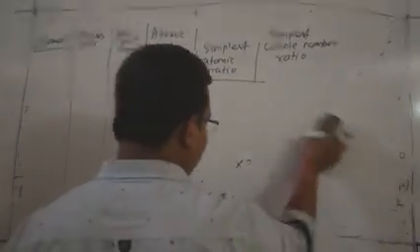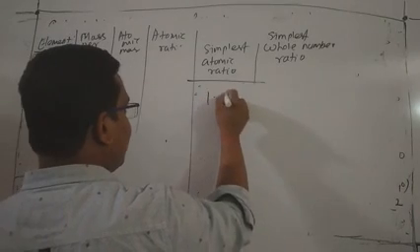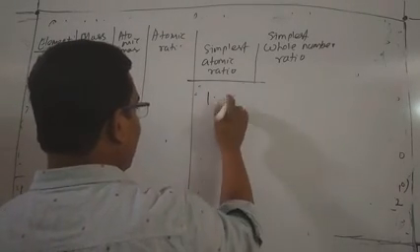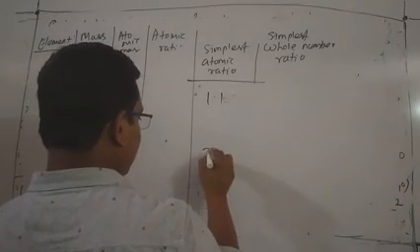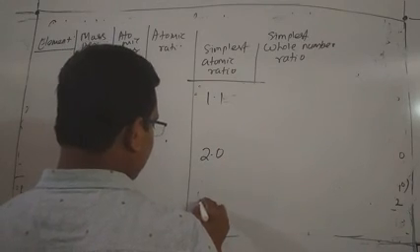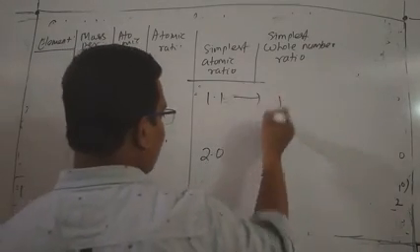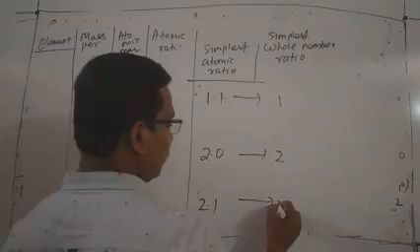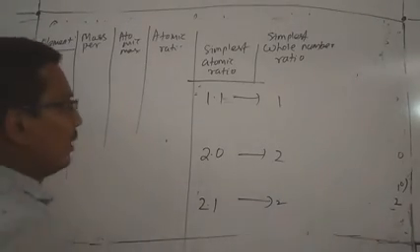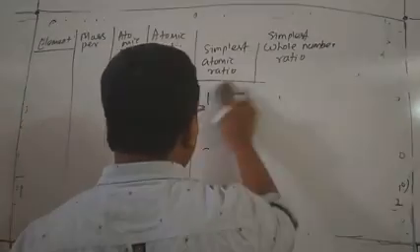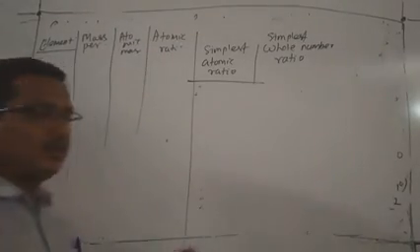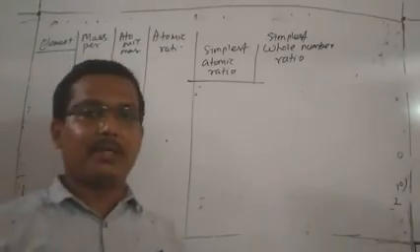If the simplest atomic ratio is like this, 1.32, 1.1, 2.0, 2.1, that is compared to 1, 2, 2. Remember that if the value is more than 0.5, then it is rounded to the next number.